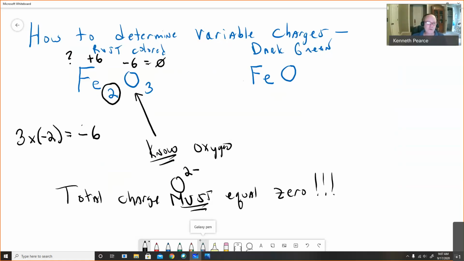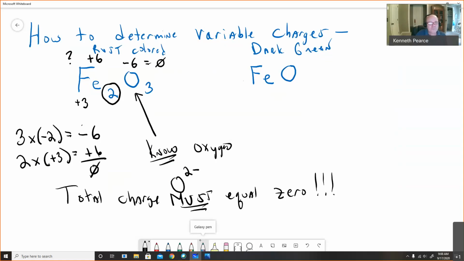Well, if you have 2 of them and the total is 6, then each iron must be 3, because what's 2 times 3? That's 6. And that gives you plus 6, and that adds up to 0.